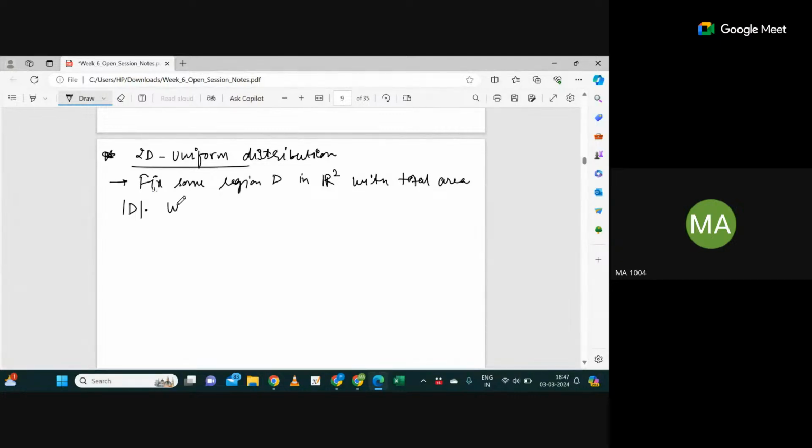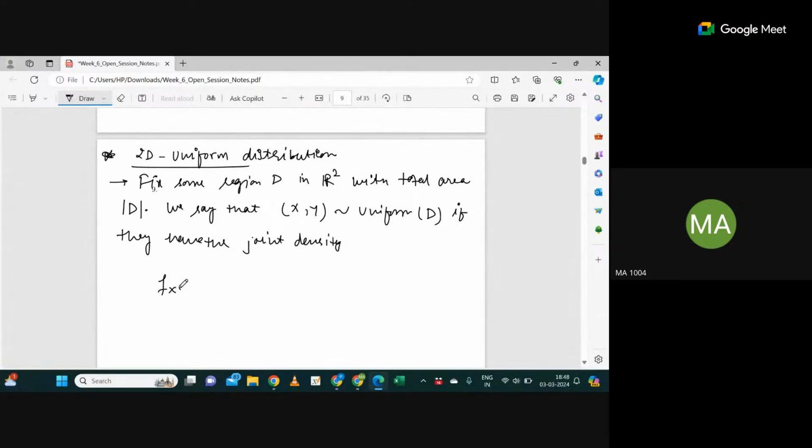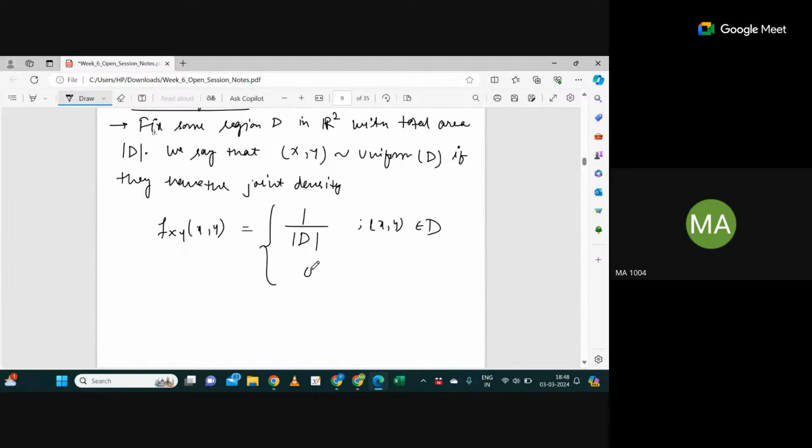Then if I say that the joint of X and Y follows uniform D, meaning for that region, how do we define the joint density there? The joint density f of x,y, I will define like this: 1 upon modulus of D, where each x,y belongs to that region D, and it will take value 0 otherwise.